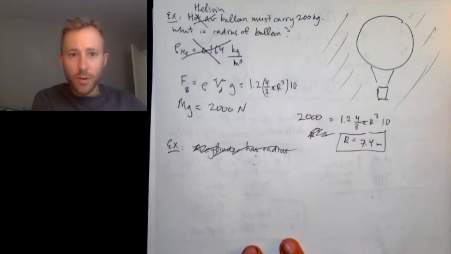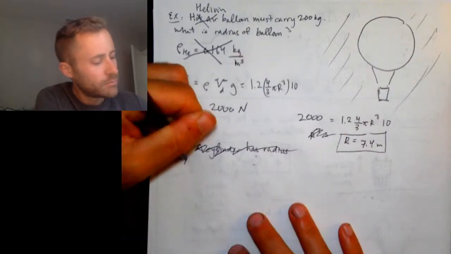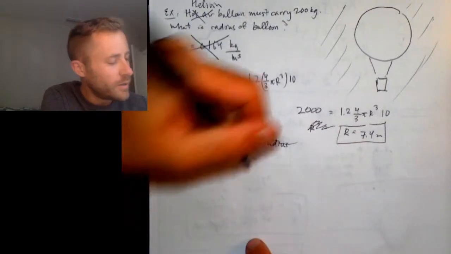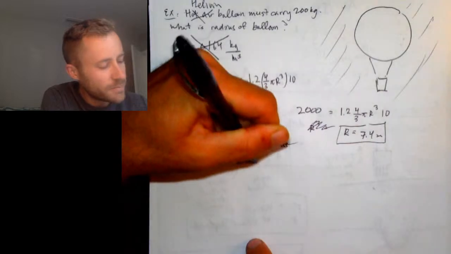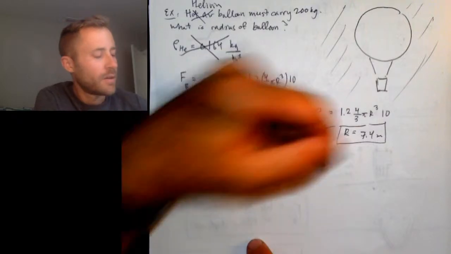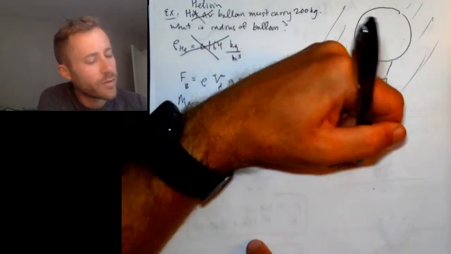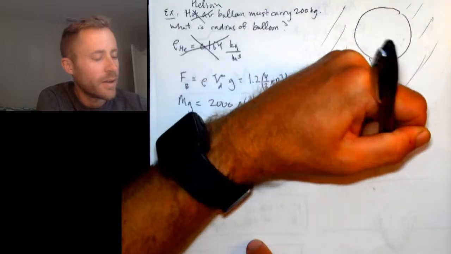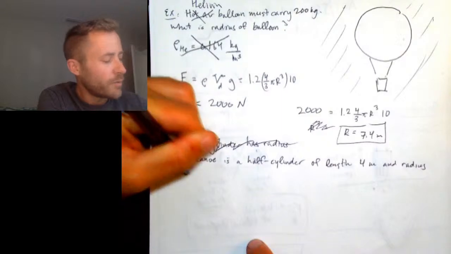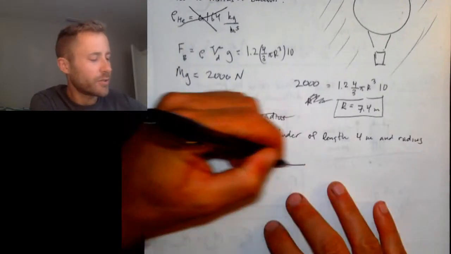Let's suppose that you have a canoe. A canoe is a half cylinder of length, let's say that the length is 4 meters and radius 0.5 meters. So your canoe basically looks like this.